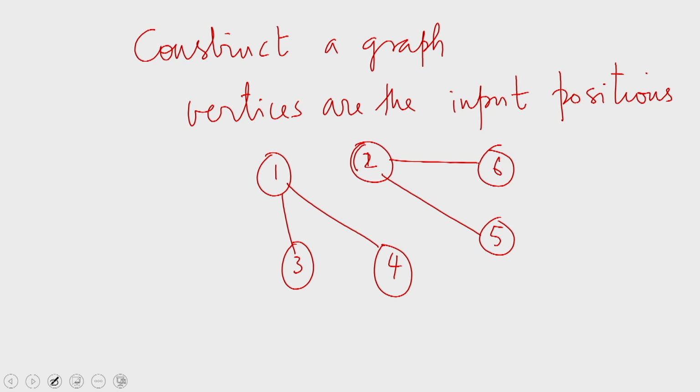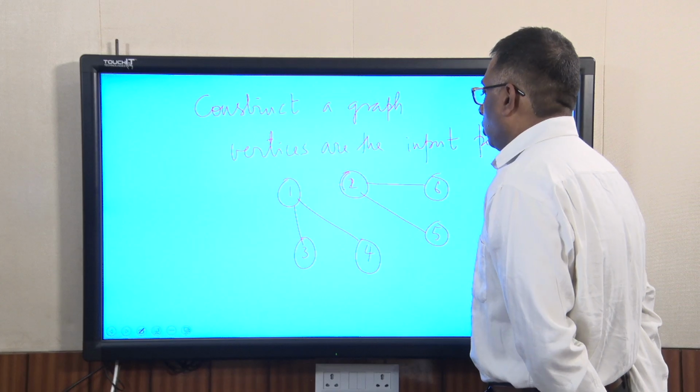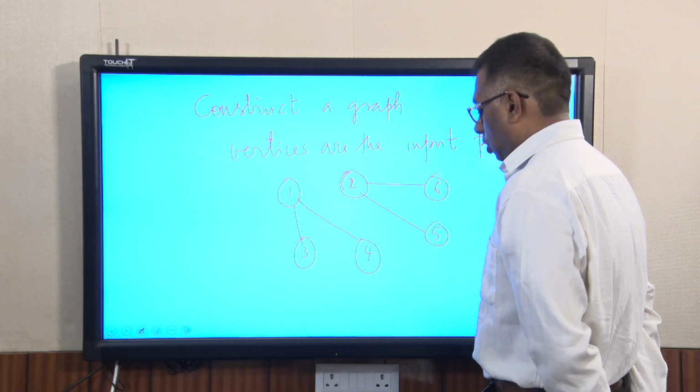In general, we construct a graph in this manner. We take vertices for all input positions and we place an edge between two vertices if elements at those positions are compared in the first step of your algorithm. So, in this example, elements at positions 1 and 3 are compared in your algorithm, and elements at positions 1 and 4 are compared in your algorithm, and so on.